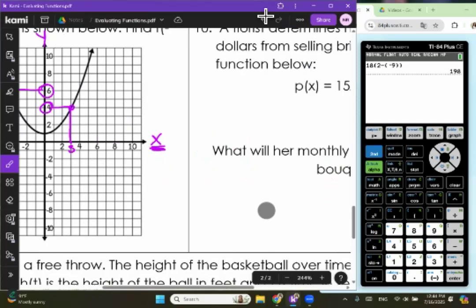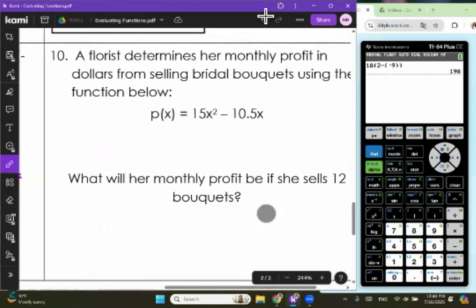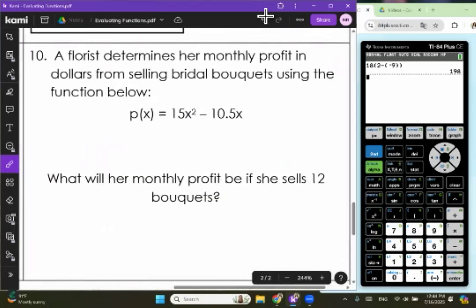Hopefully easy peasy. A florist determines that her monthly profit in dollars from selling bridal bouquets is using this function. What will her profit be if she sells 12 bouquets? That means, what do they want us to do? Plug in a 12 anywhere we see an x. So 15 times 12 squared on the outside minus 10.5 times 12.